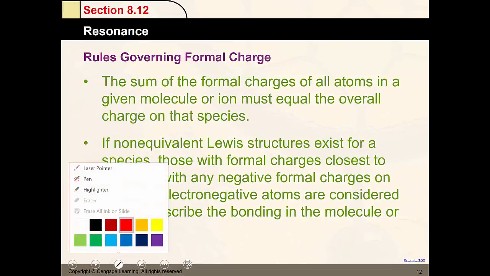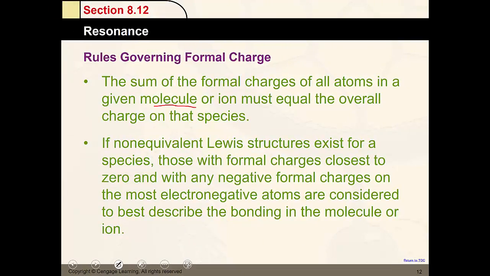So the sum of those formal charges in a molecule has to be 0, or for a polyatomic ion, it's equal to the overall charge, which in that case for SO4 was -2. And if those non-equivalent structures exist, you choose those with formal charges closest to 0, that's why the second SO4 2- structure was more favorable, and you want negative formal charges on more electronegative atoms like oxygen or any of the halogens.